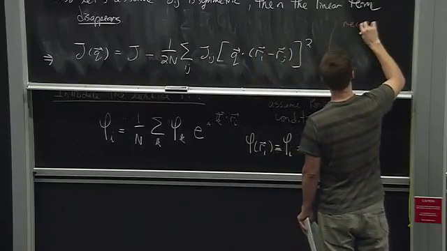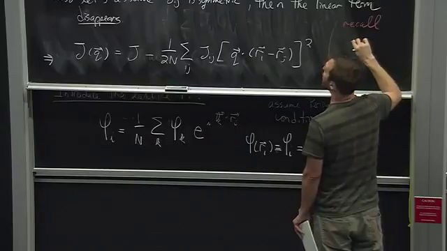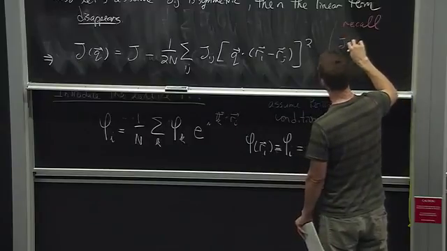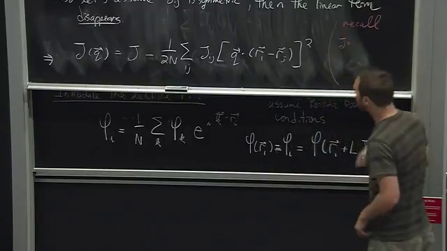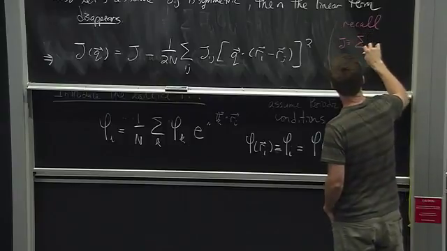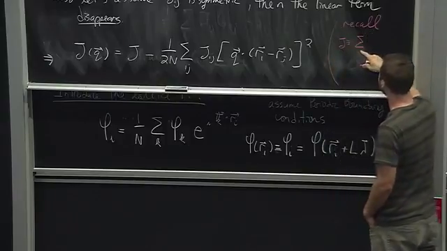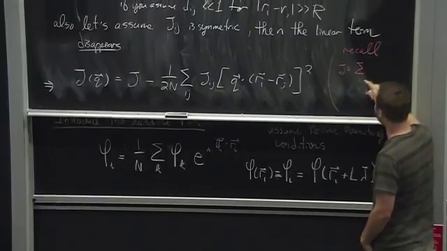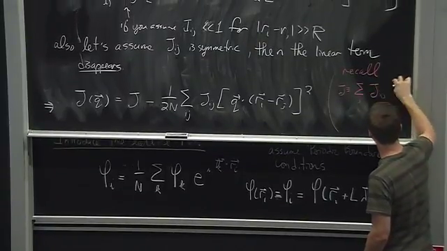I've done this before. Defining Ji is just equal to big J, the sum over all Jij.